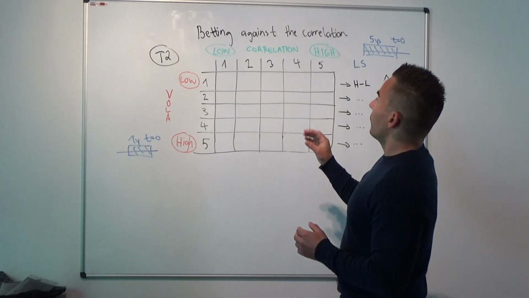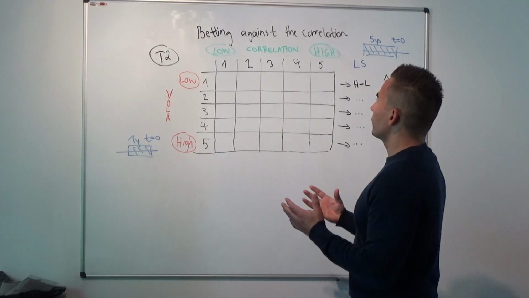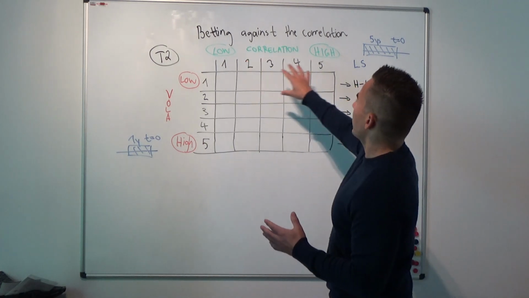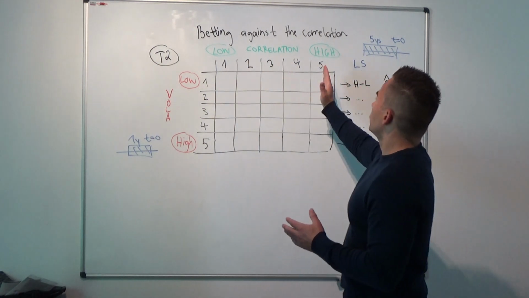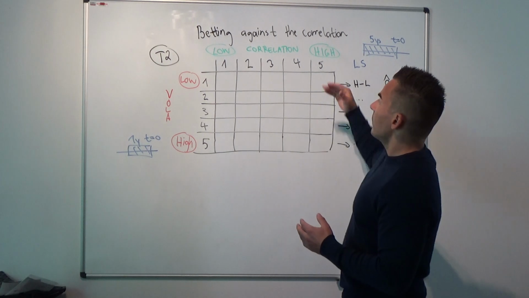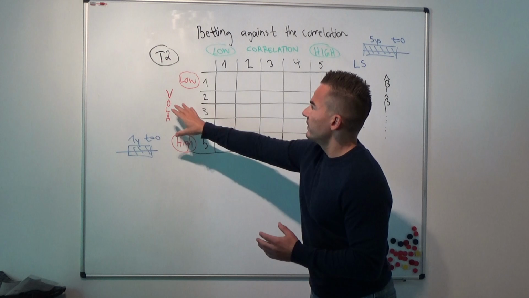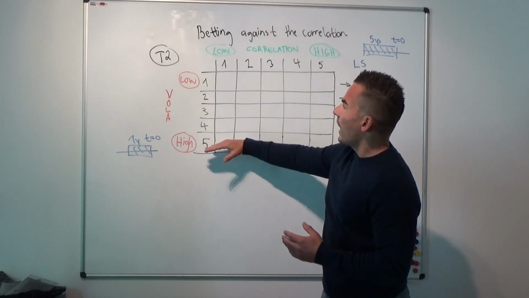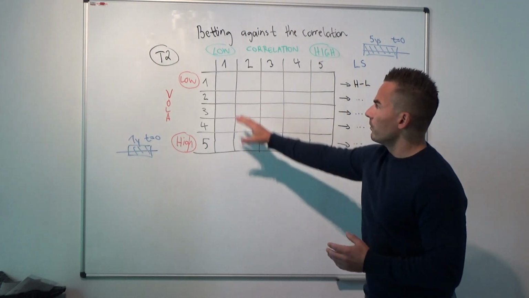What the authors do is they sort all stocks first with respect to the correlation into 5 groups from low to high, and then they sort the stocks with respect to the volatility from low to high into 5 groups, which gives us 25 portfolios.